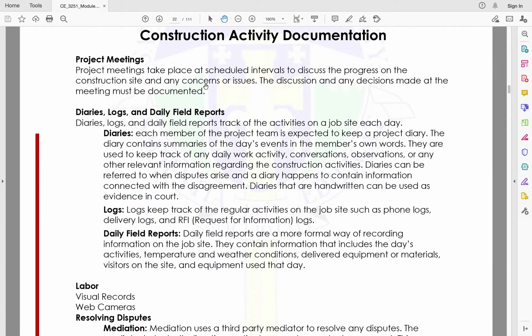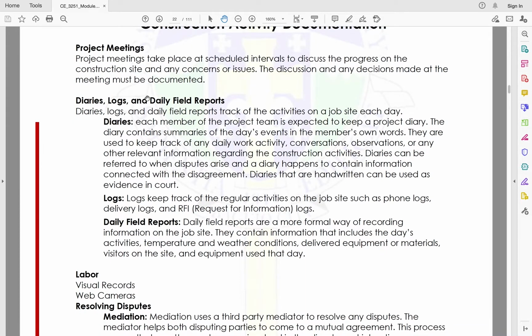So, it is important to discuss the progress so that everyone can be aware of where the project is currently standing and to make sure that the goal will be met within the specified time frame. And the discussion and any other decisions made at the meeting must be documented. So, yan yung tinatawag nating minutes of meetings.